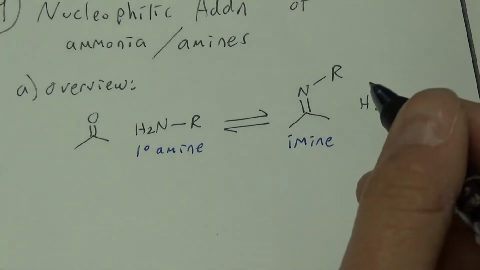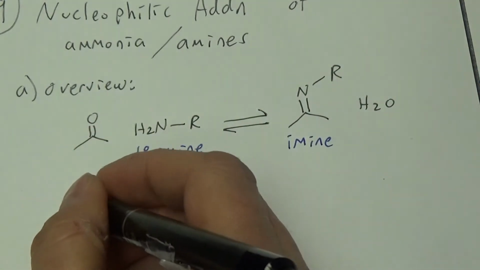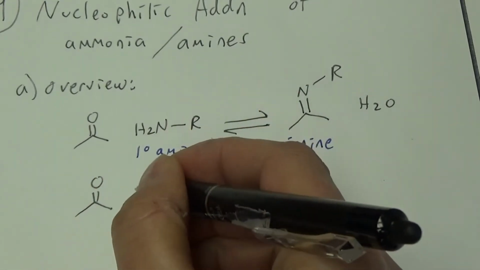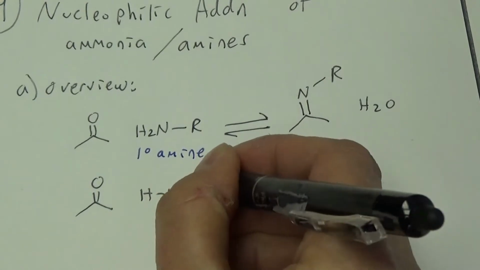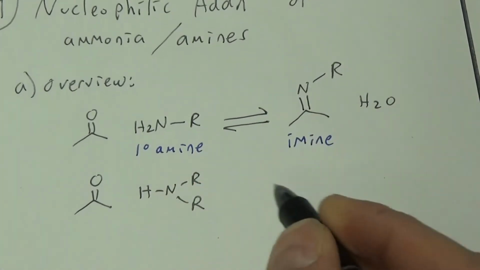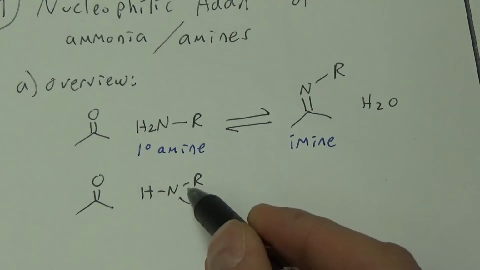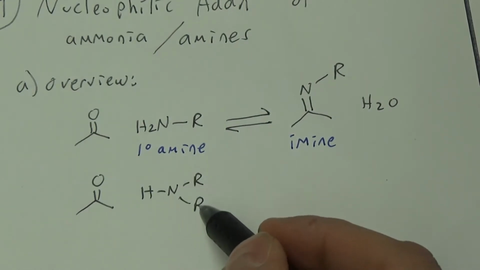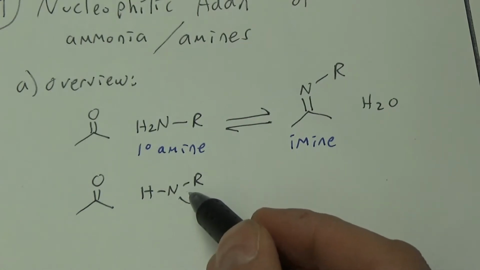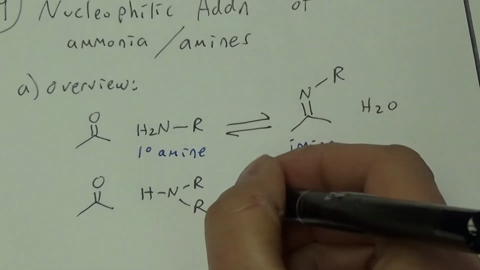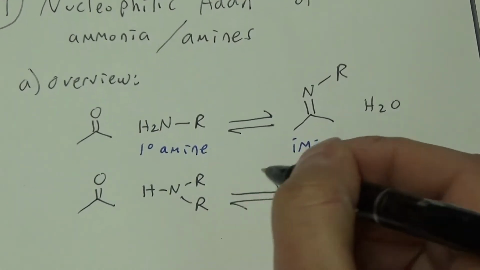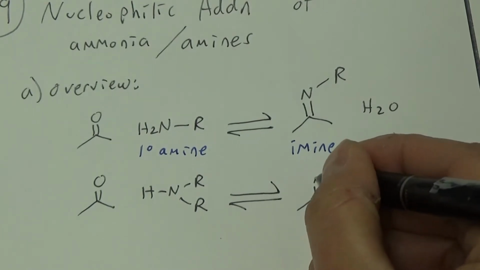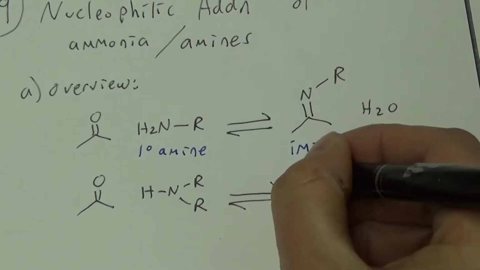Now if you do the same thing but with a secondary amine, and that just means a nitrogen with two R groups, or it could be a ring, like a 5-member ring or a 6-member ring. The big thing is two carbon things on the nitrogen. It does the same kind of thing, where it first makes something that looks like an imine.